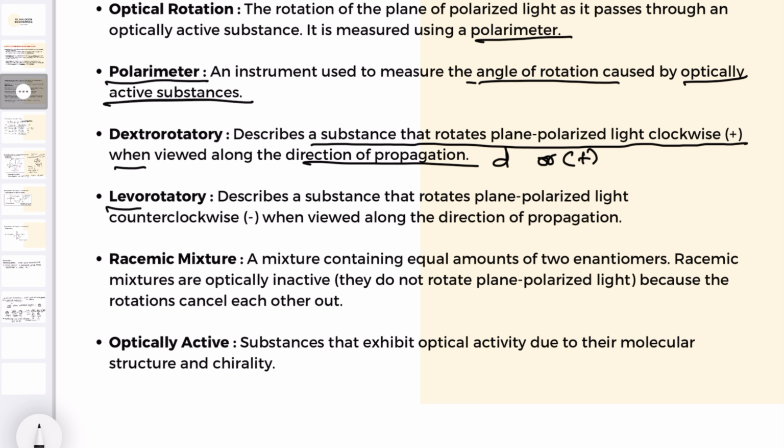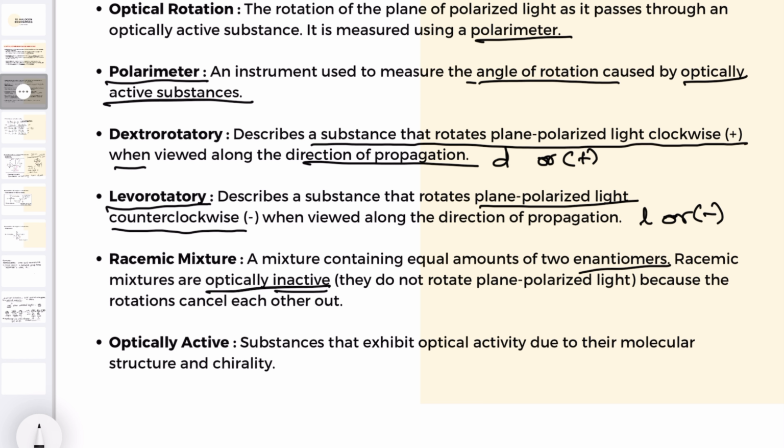The next, levorotatory, describes a substance that rotates the plane polarized light anticlockwise or counterclockwise, that is minus, when viewed along the direction of propagation. It is denoted by L or minus sign. Racemic mixture, a mixture containing equimolar amounts of 2 enantiomers. Racemic mixtures are optically inactive.